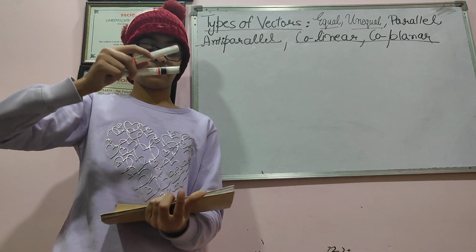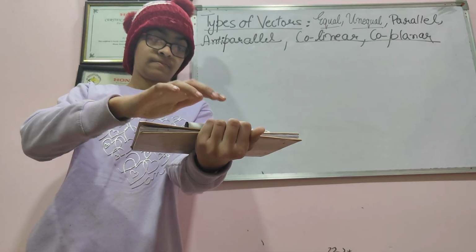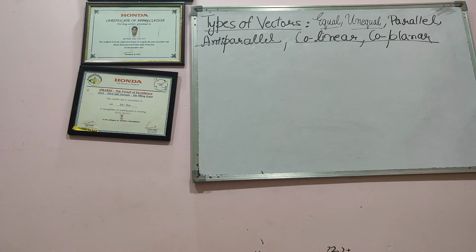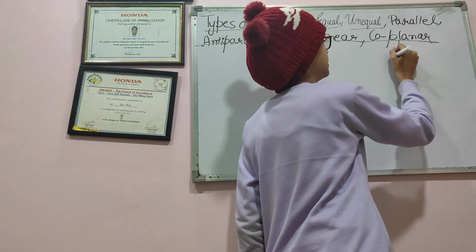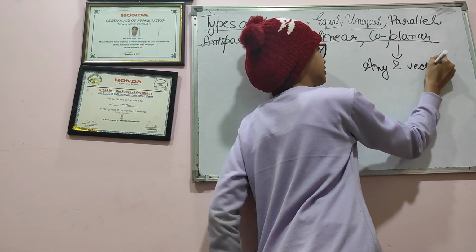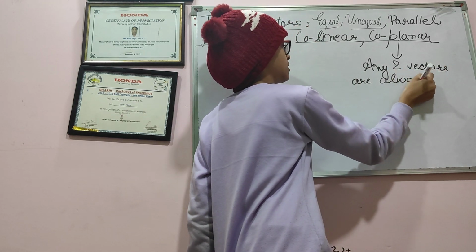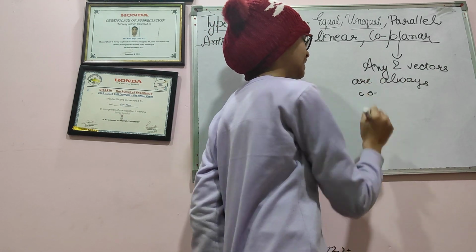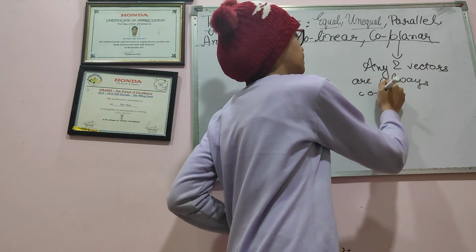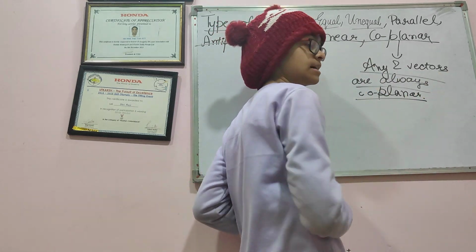If we look, this is a plane. They lie on the same plane, right? But there is an interesting factor also about this. Any two vectors are always coplanar. If we take any 2 vectors, they will always be coplanar, meaning they will always lie on the same plane.